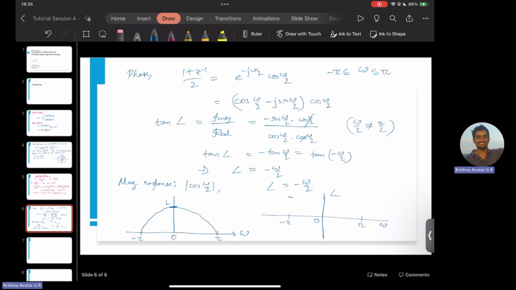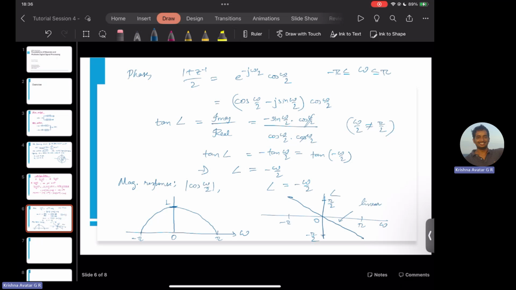So here it's minus pi by 2 at omega equal to minus pi, gradually decreases and reaches its lowermost value of minus pi by 2. So here it reaches a minimum value of minus pi by 2, and here it's plus pi by 2. So you can see that it is linear, right?